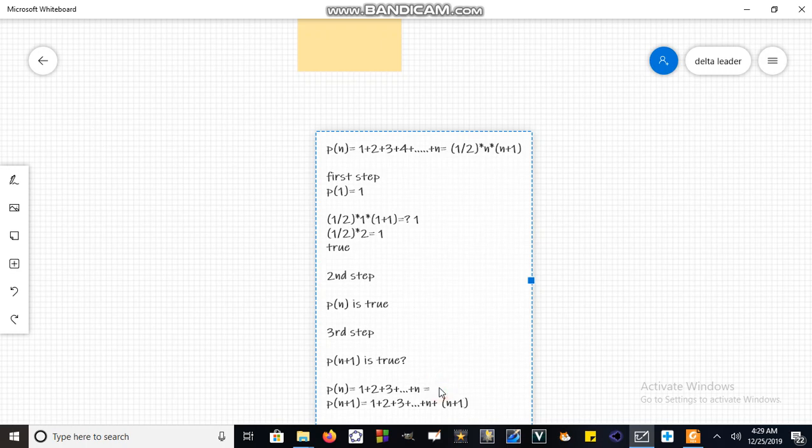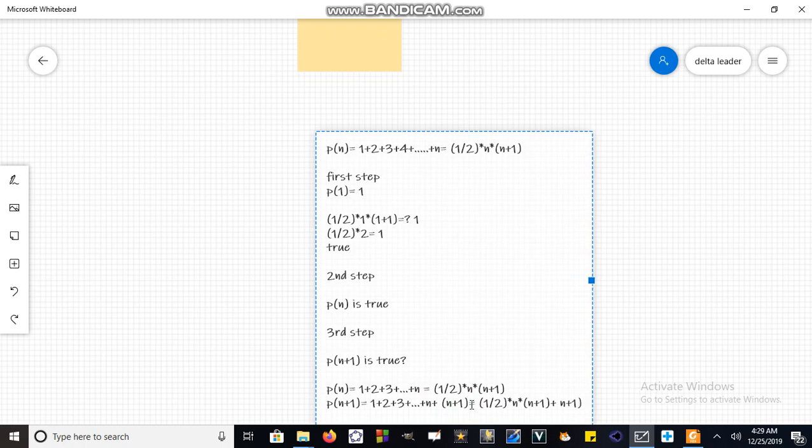If Pn is equal to this, therefore Pn plus 1 must be equal to the same thing plus n plus 1, what we have just added.